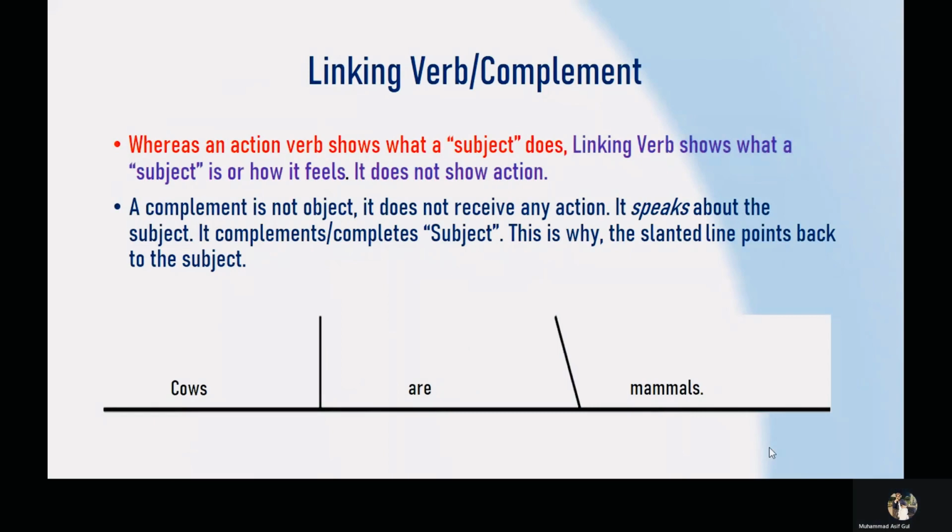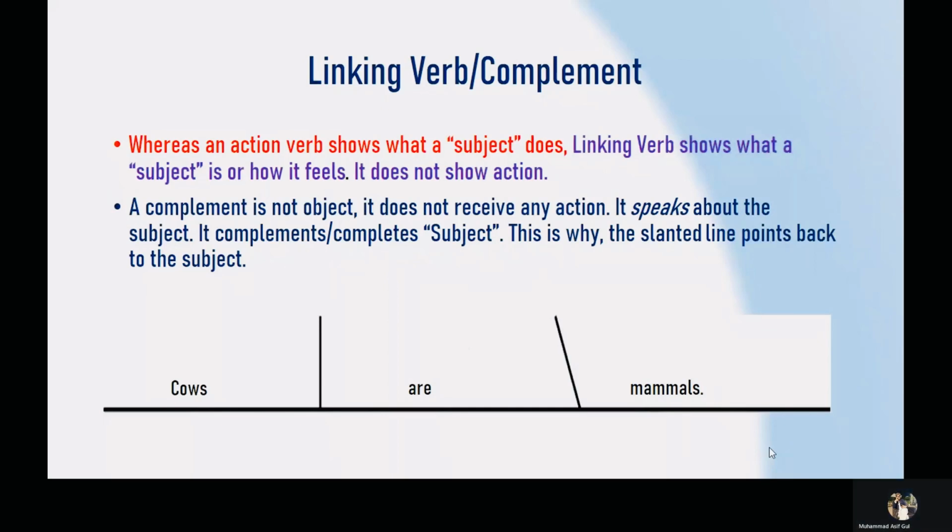Action verbs show what the subject is doing. On the other side, linking verbs are not action verbs. They just show what a subject is or how it feels.